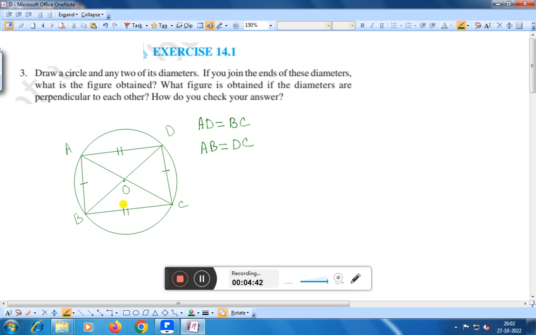And from here we can conclude that if we join the ends of these diameters, the figure obtained is a rectangle.